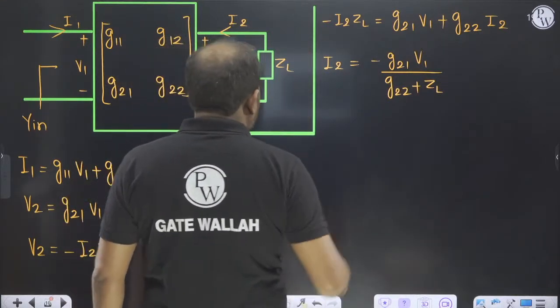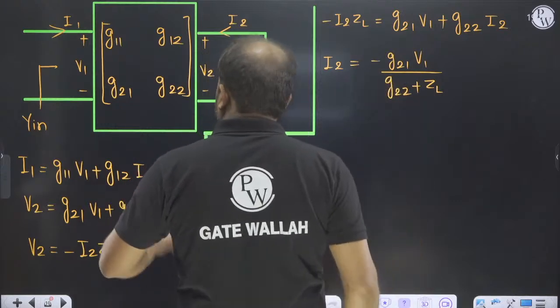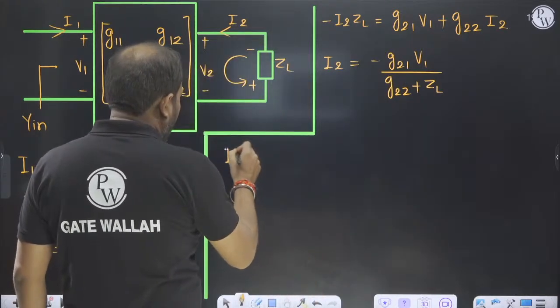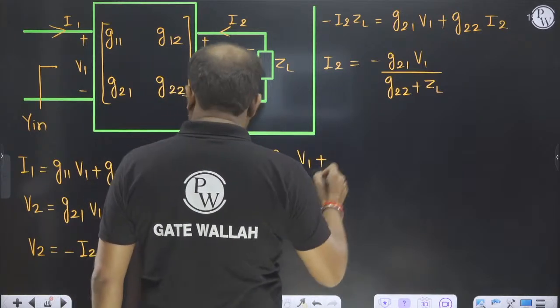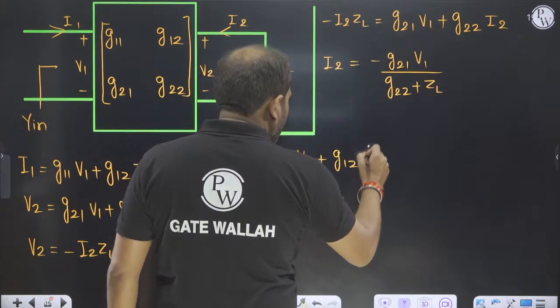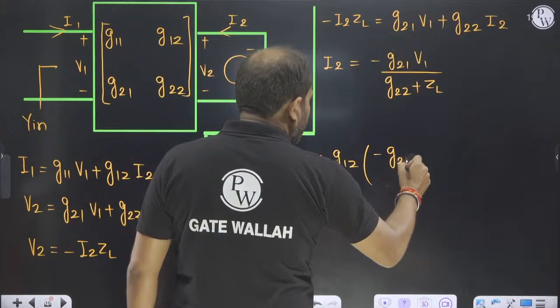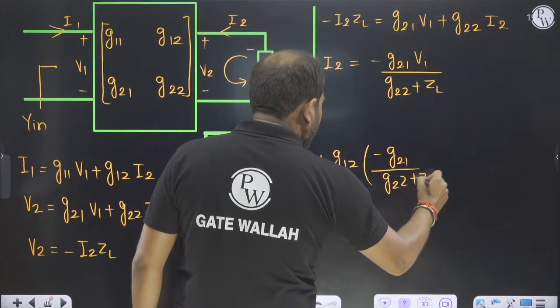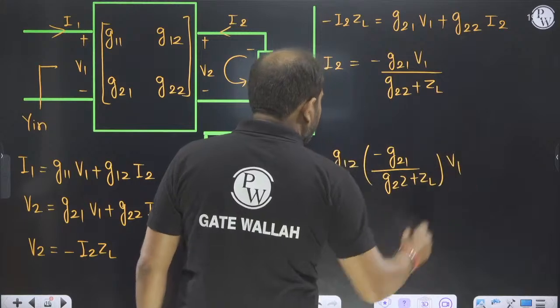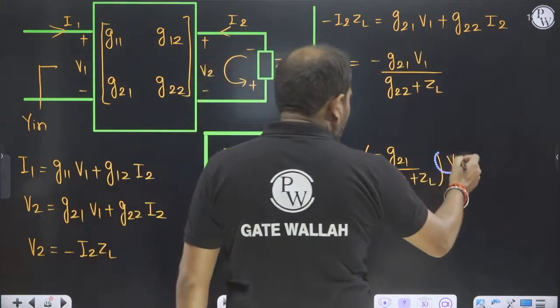Then I will put I2 in the first equation. So I1 is equal to G11 V1 plus G12 into minus G21 divided by G22 plus ZL into V1.